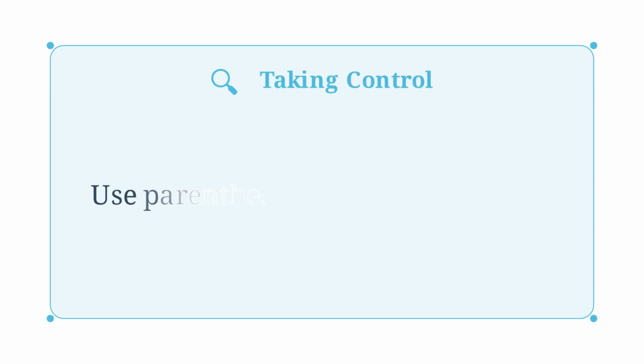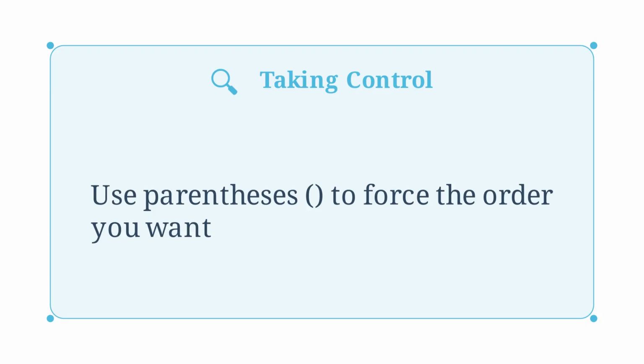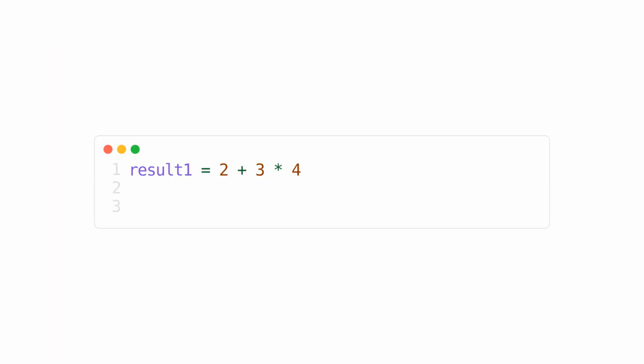But what if you actually want addition to happen first? That's where parentheses become your superpower. By wrapping parts in parentheses, you can force Python to calculate exactly what you want, when you want it. Look at this comparison.